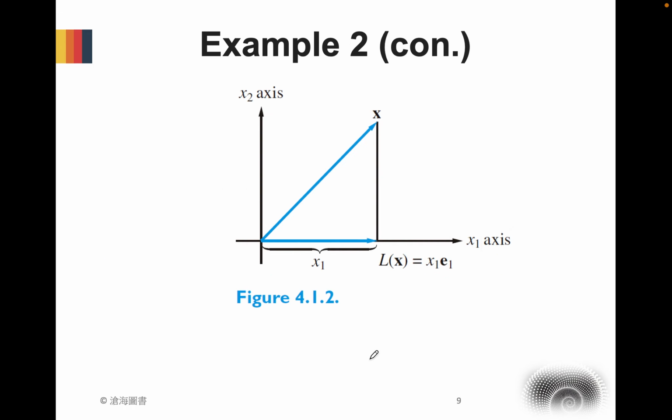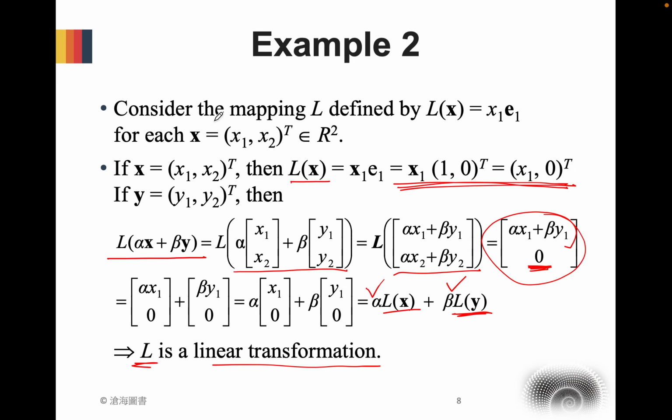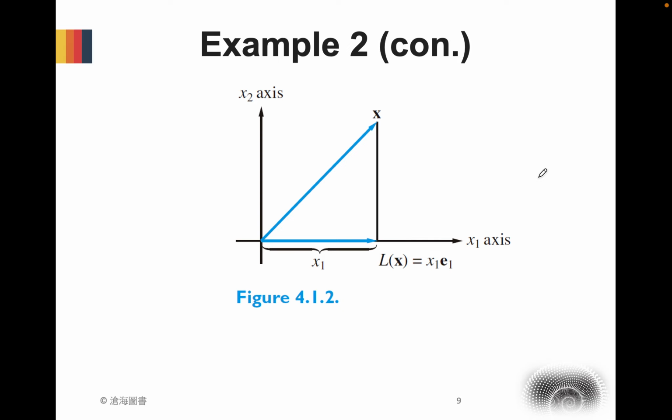Geometrically, what does that mean? Right now, when you input any two-dimensional vector, this mapping just takes the first item. The result will be looking like this. It remains the first item, and then the second item, x2, will be truncated to 0, right? And geometrically, it's looking like this.